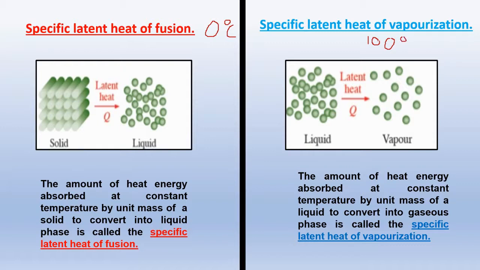This we have to keep in mind, students. Then the concept will go much easier. So this is specific latent heat of vaporization, when the amount of heat energy is absorbed by unit mass of a liquid to convert into gaseous phase.